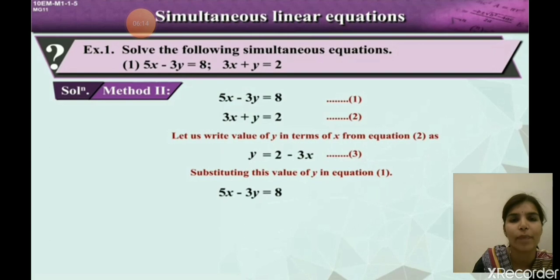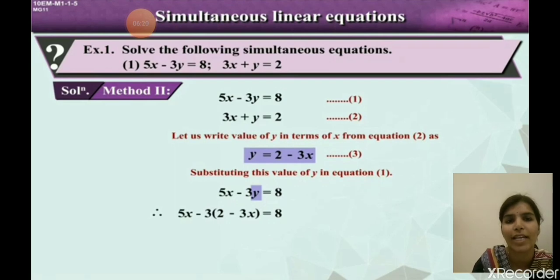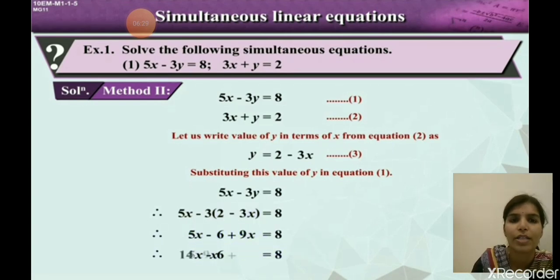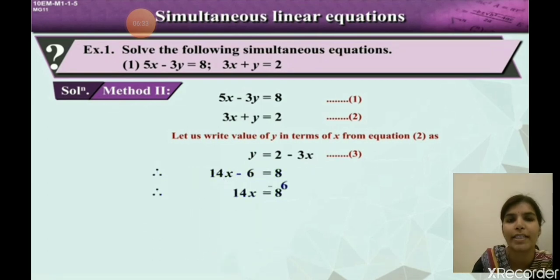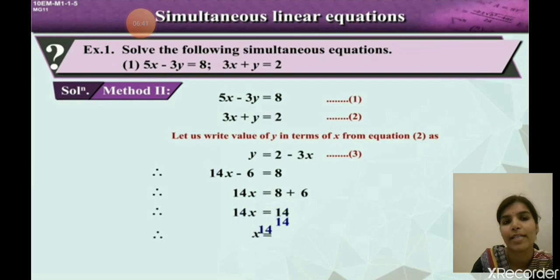So 5x - 3y = 8; instead of y we put 2 - 3x. So we get 5x - 6 + 9x = 8. 5x + 9x, 14x = 14. That means x = 1. So the answer is the same.